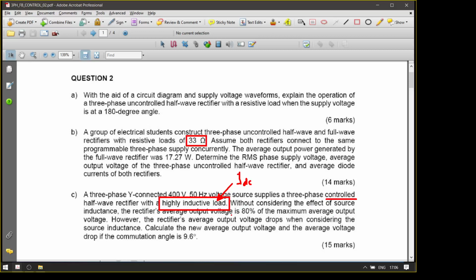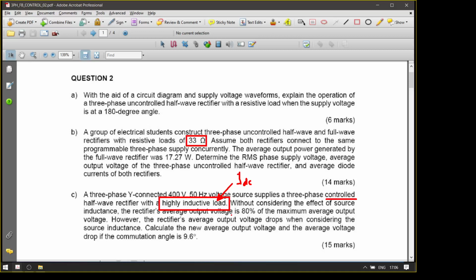So what it tells you is that without the source inductance, the rectifier's average output is 80% of the maximum average output voltage. So when you apply some amount of alpha, the voltage is 80% of the maximum average.